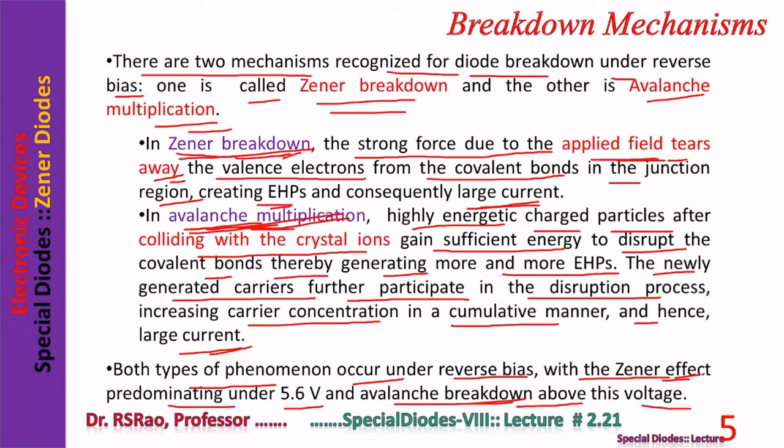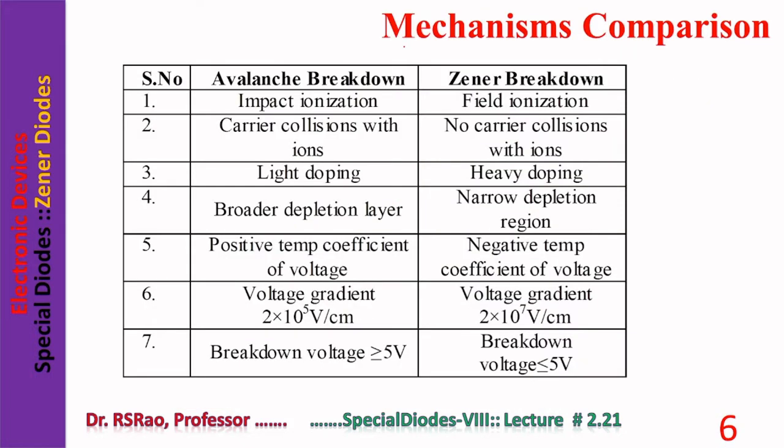So Zener breakdown happens at lower voltages when compared to avalanche breakdown. These two mechanisms, avalanche breakdown and Zener breakdown, are compared here. Avalanche breakdown is due to impact ionization, collisions. Zener breakdown is due to higher levels of the field.